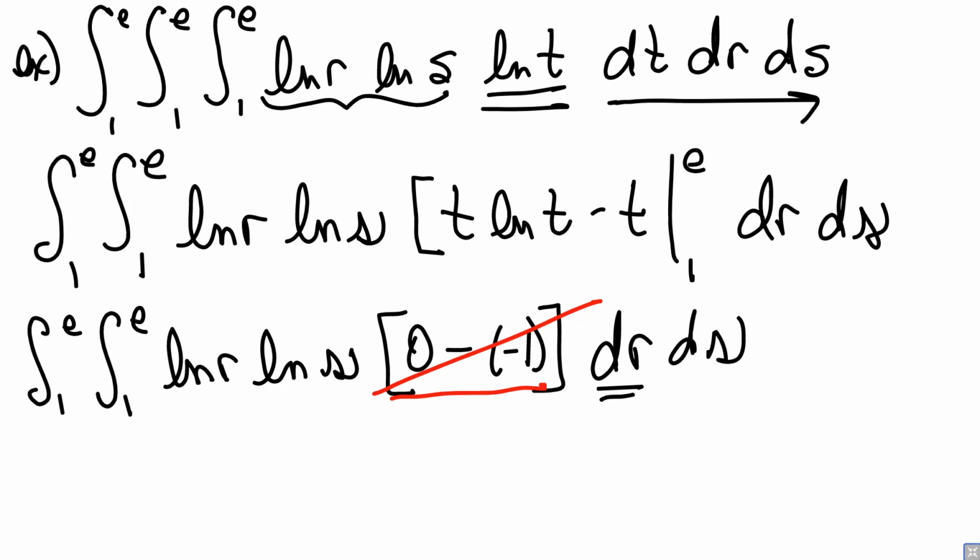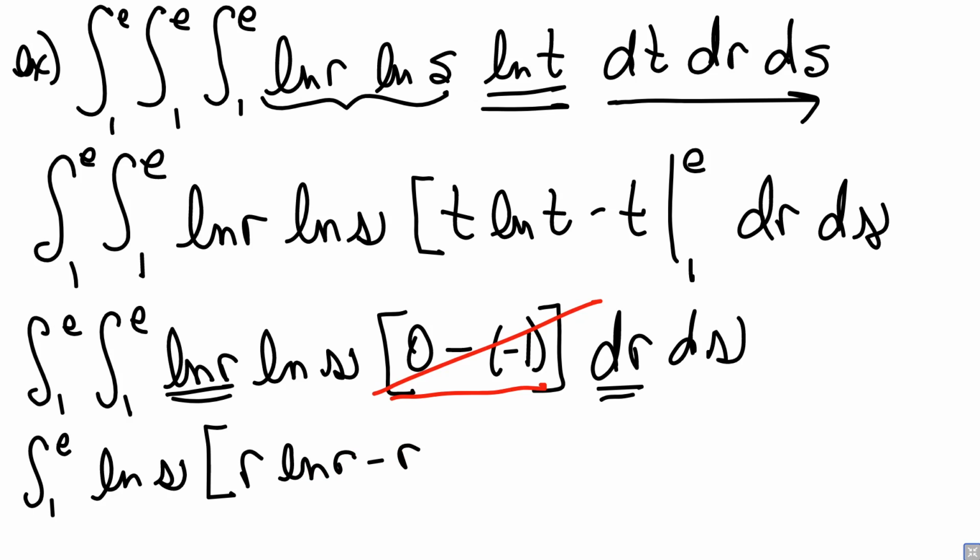So next, we're going to integrate with respect to r. So we're going to have the integral from 1 to e. Natural log of s is a constant. So what's the antiderivative of the natural log of r? Yes, it's r natural log of r minus r, and then we evaluate that from 1 to e ds.